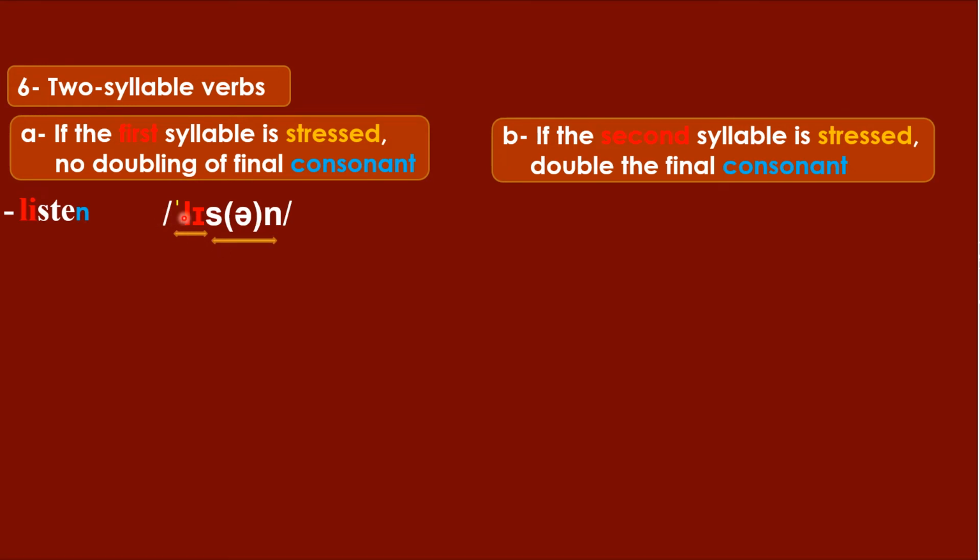And you have a look at this diacritic. It means that the first syllable is stressed. It's a diacritic, like the sukoon, damma and fatha, the marks we have in Arabic.